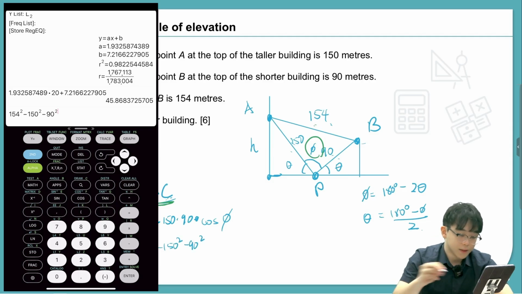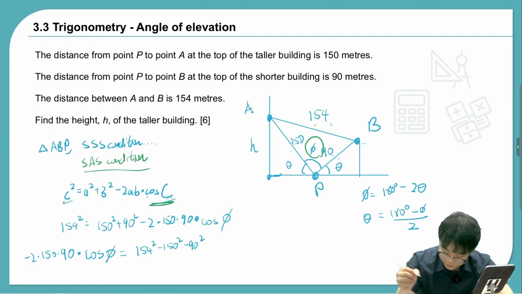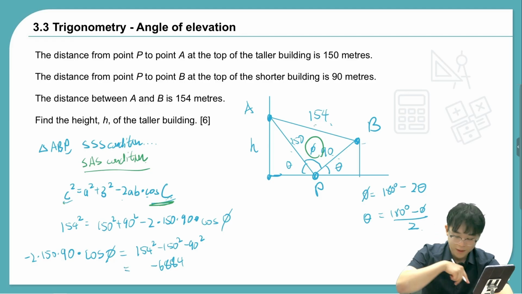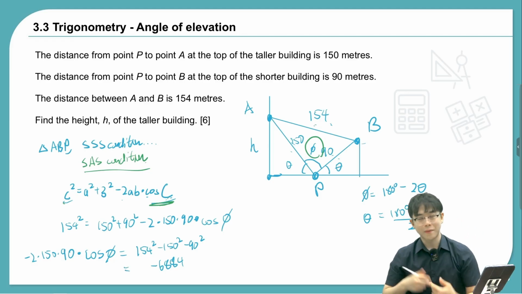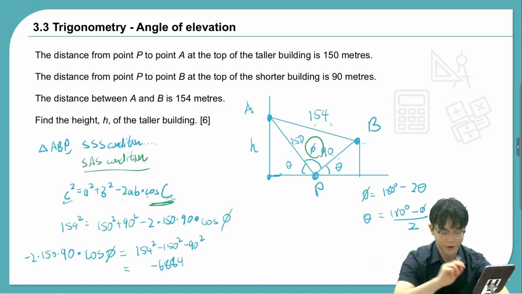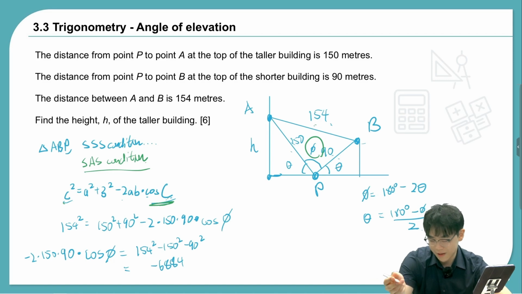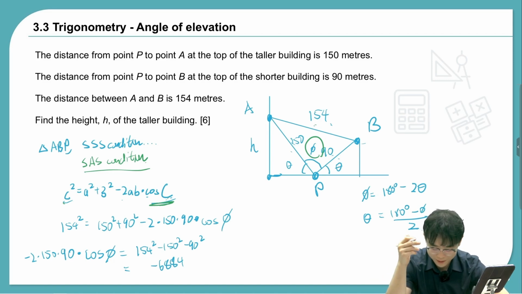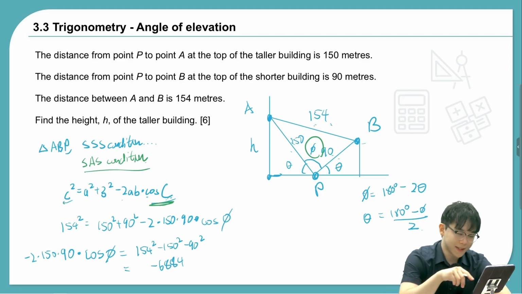Okay, so that's like negative 6,884. You don't have to write out all the middle values of the calculation, but if you're like me and you're worried about making mistakes and you want to keep track of your work so that you can check it later, or so that the examiner can give you some salvation points for methods, you want to be as detailed as possible.